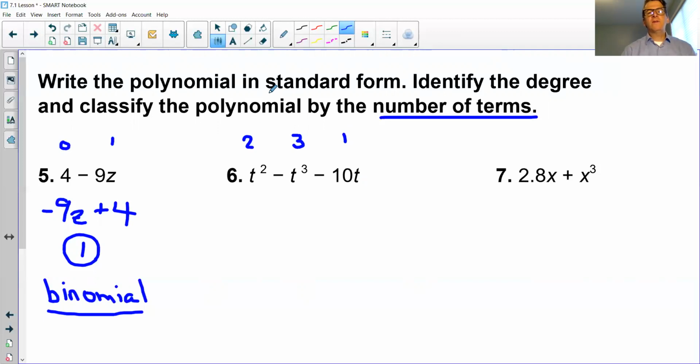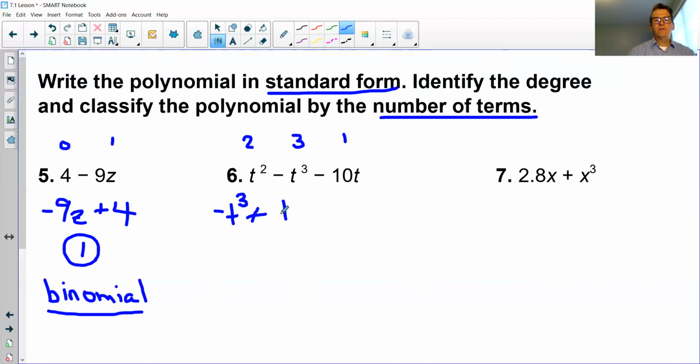So when writing in standard form, we're always going to put the highest degree term first, negative t to the 3rd. Okay, so negative t to the 3rd has a degree of 3, so we're going to highlight that first when we're rewriting in standard form. Then as you can see, we have plus t squared.